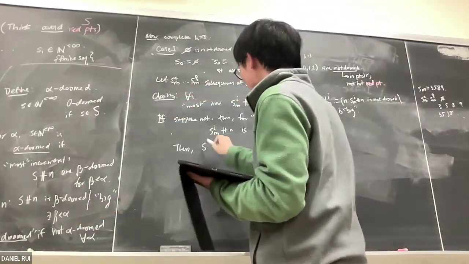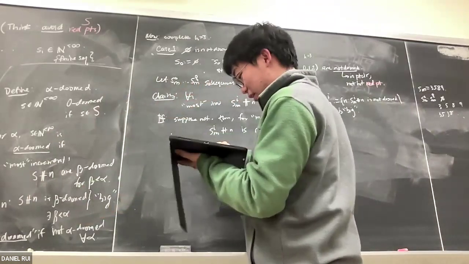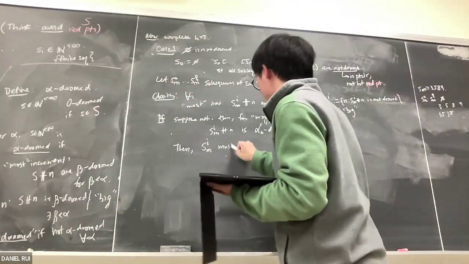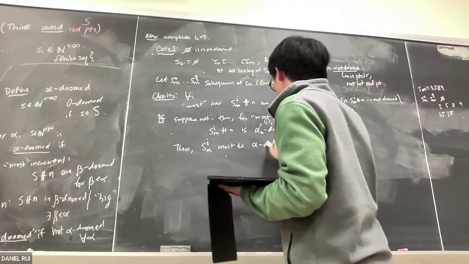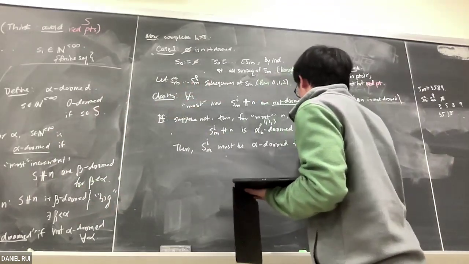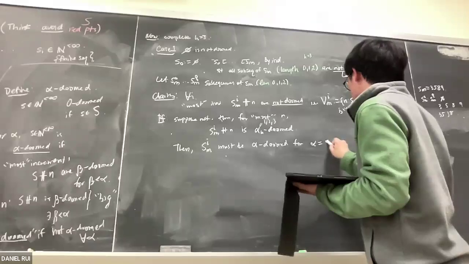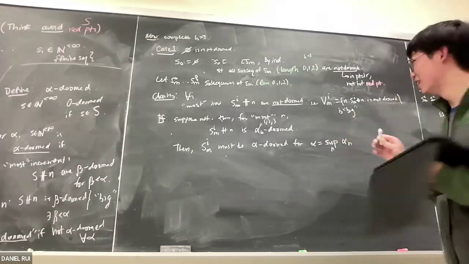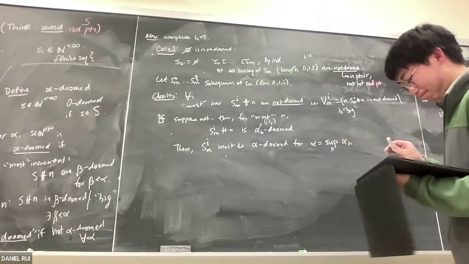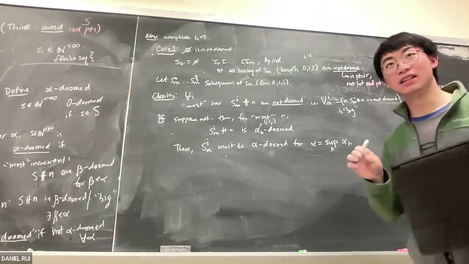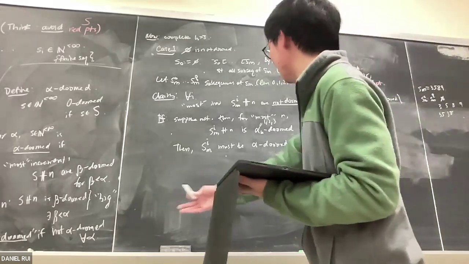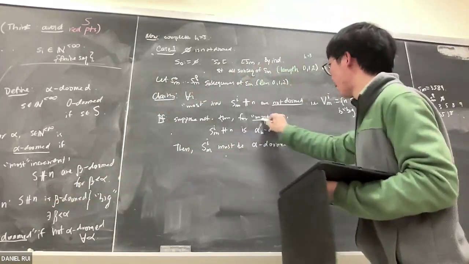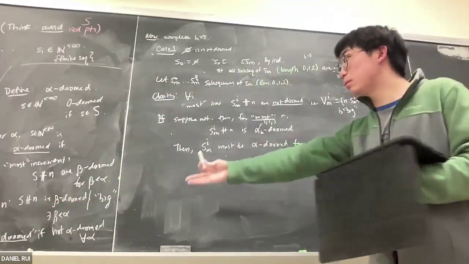So then, wait a minute, SMi must be alpha doomed for alpha equal sup of this, right? By definition, this guy is doomed because most of its increments are doomed for beta less than it.